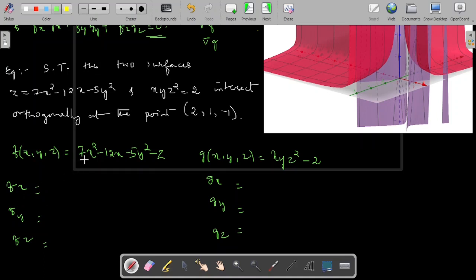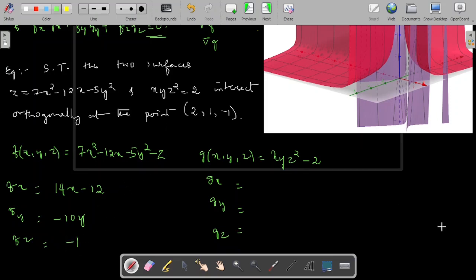So fx means partially differentiating this with respect to x. So 7 into derivative of x square is 2x, that is 14x minus 12. Then derivative of y square is 0, derivative of z is 0 with respect to x. Now with respect to y, this derivative is 0, 0 minus 10y, then 0. fz, with respect to z, derivative is minus 1.